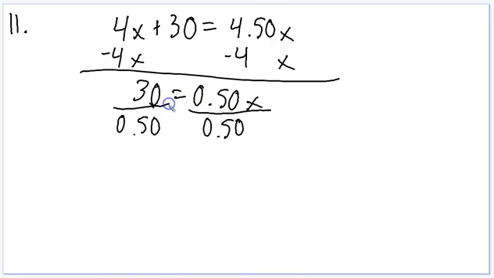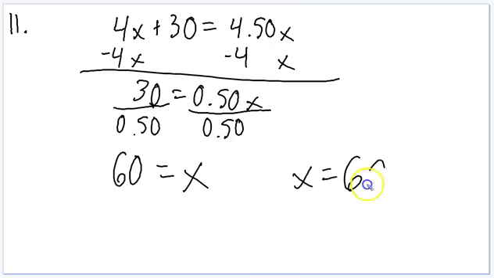Then everybody knows when you divide 30 by 0.5, you get 60. And x is all by itself, or x equals 60. That's how we do it over here. So, first word problem, done pretty easily, okay? Let's go. Number 12.